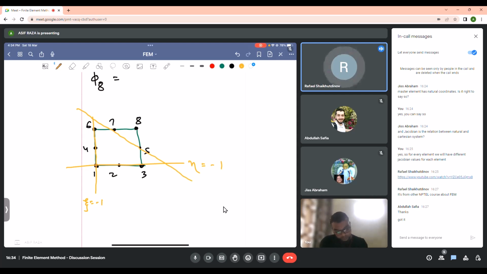So this line is along xi plus eta equal to 1, isn't it? This line.